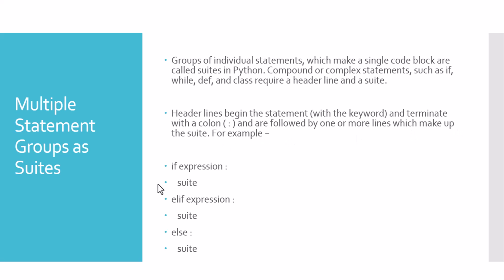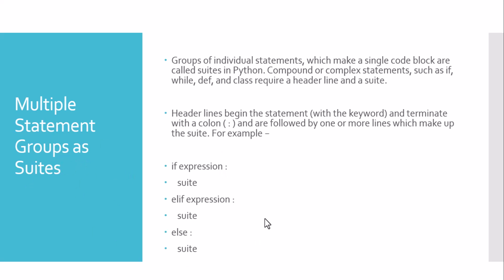For example, we already saw one if-else example, okay. If is there and then one expression, like A is greater than B, and then some suite like print something, okay. Else if B is greater than A, then print something, or else print something, okay. This is known as multiple statement groups as suites.